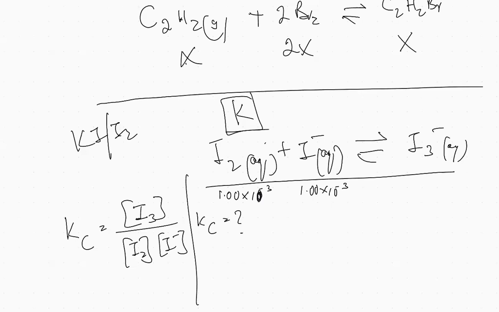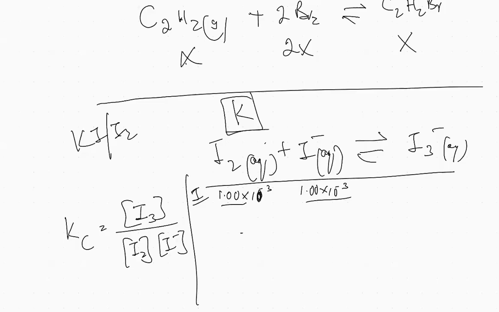So the question reads: if a solution with the concentration of iodine and iodide both equal 1 times 10 to the power negative 3 before reaction gives an equilibrium concentration of iodine, after it has attained equilibrium. Initial means the first one here.